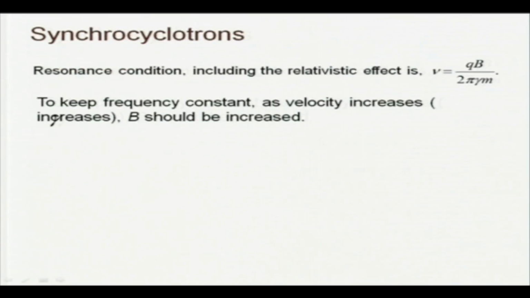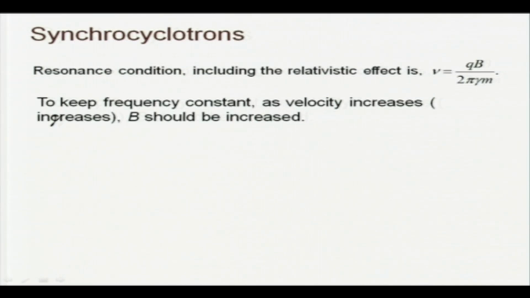But the resonance condition including the relativistic effect will now look like this: the resonance frequency is equal to q B, the magnetic field, divided by 2 pi gamma m, where m is the mass of the particle.